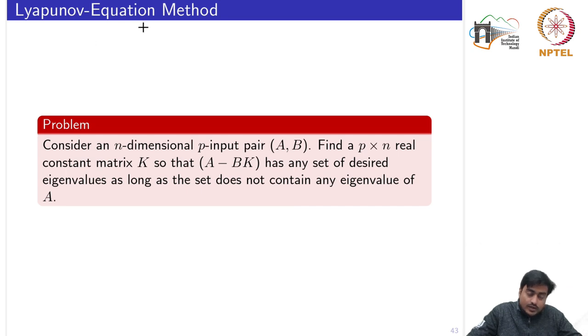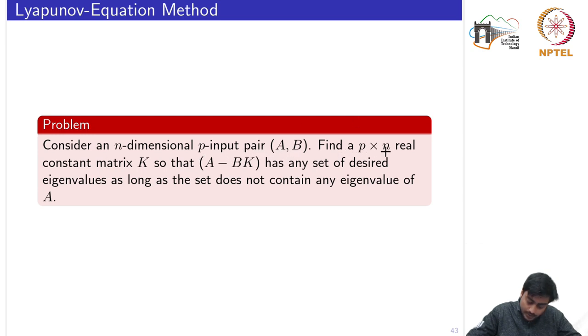But in the Lyapunov equation method, we had seen we do not require the inverse of the controllability matrix, but the inverse of some other square matrix, and we will see whether that method applies directly for the multivariable case. So the problem of designing a feedback controller says: consider an n-dimensional, p-input pair (A, B).